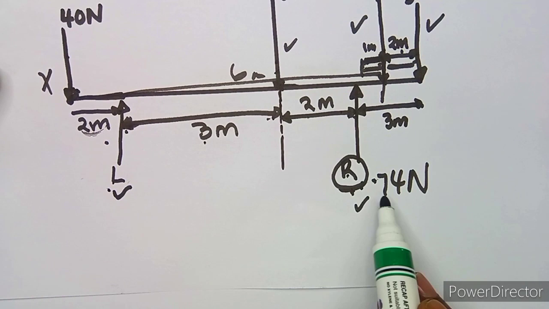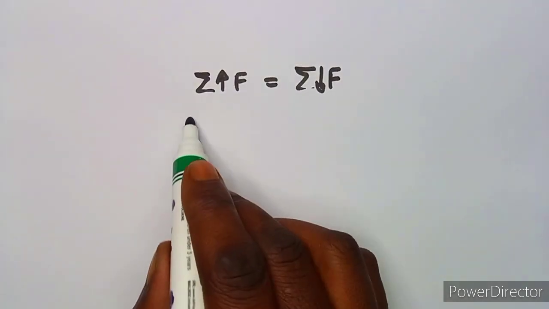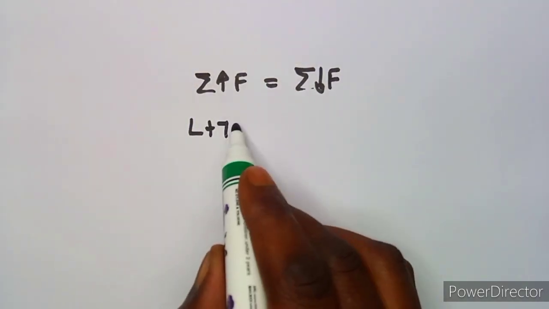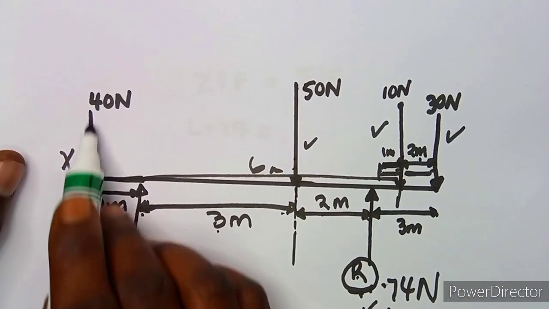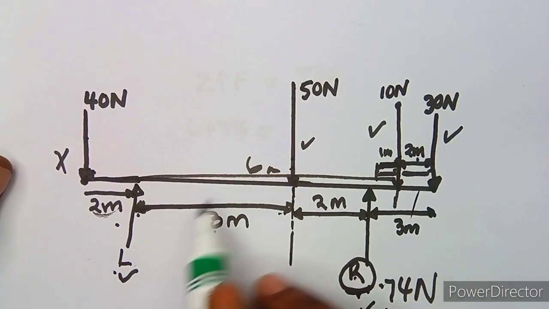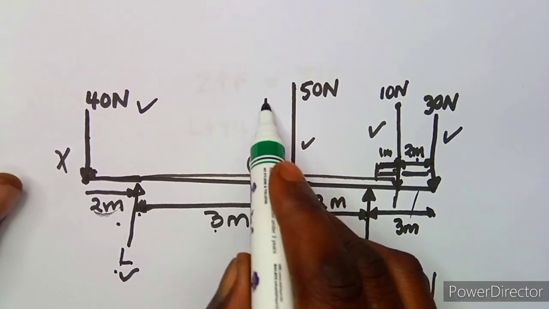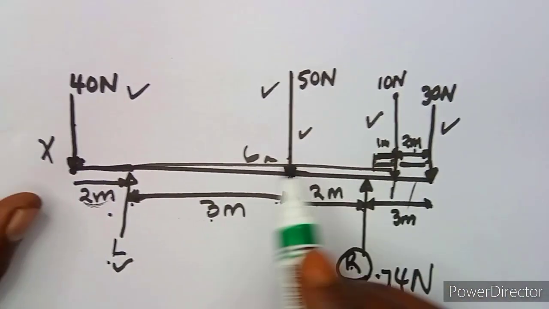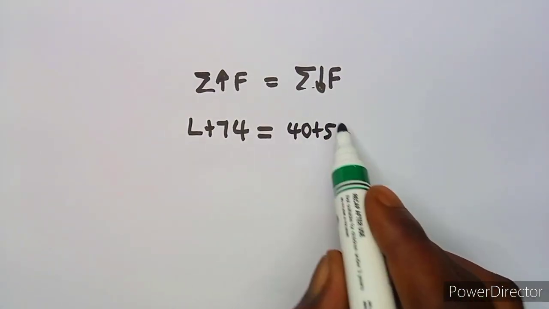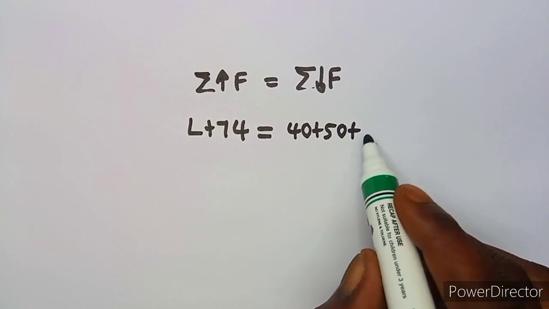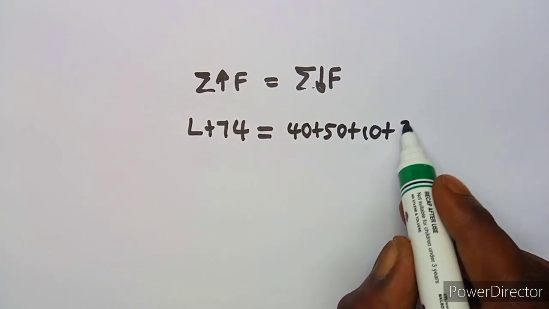So it's L plus 74, which should be equal to the downward forces, which are the other loads facing downwards. So it's 40 plus 50 plus 10 plus 30.